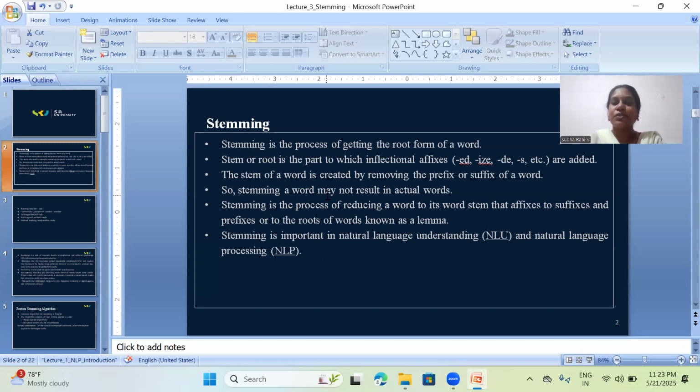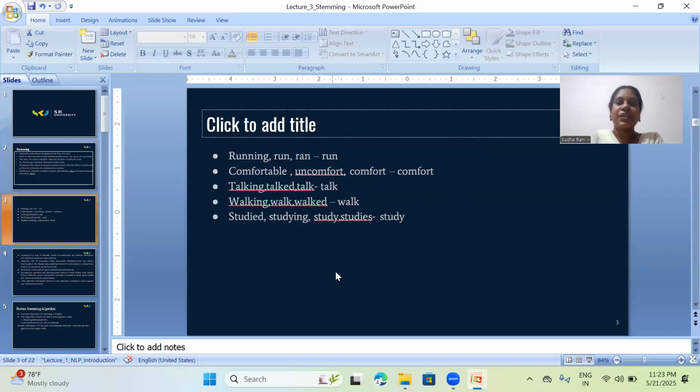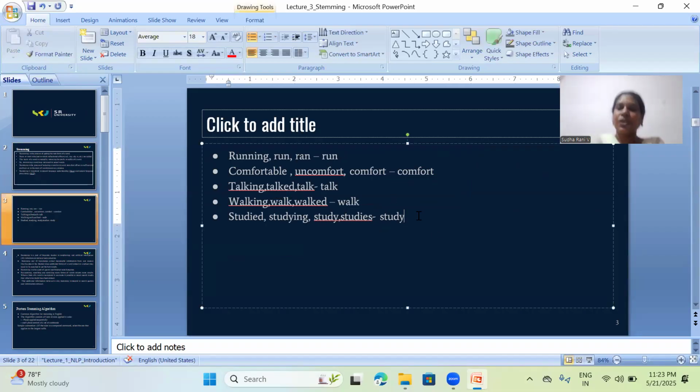The stem of a word is created by removing the prefix or suffix of a word. See here, we have seen only suffixes, but in some words the stem word can also be generated with prefixes. Comfort, comfortable, where able is a suffix. Uncomfort, where un is a prefix.